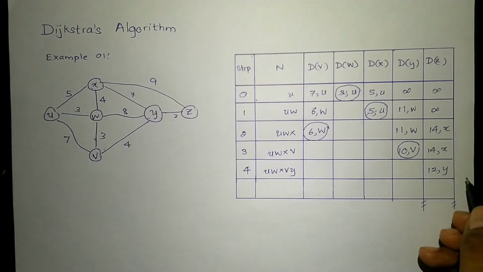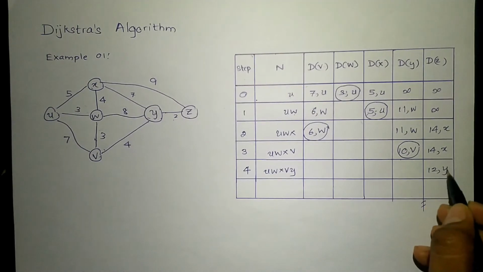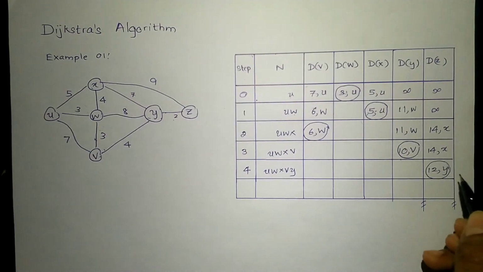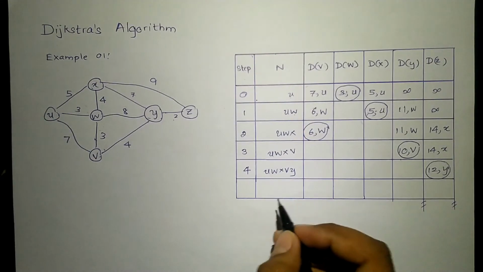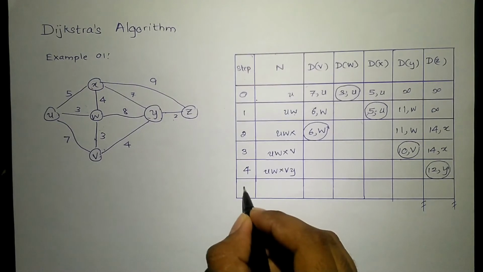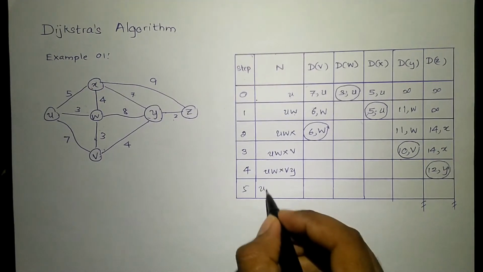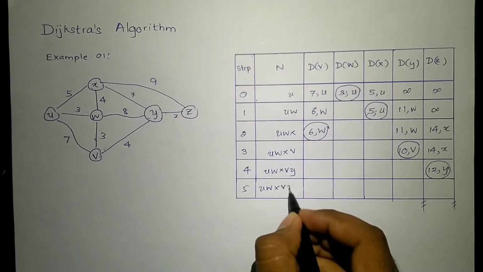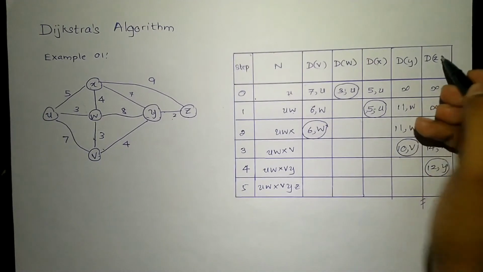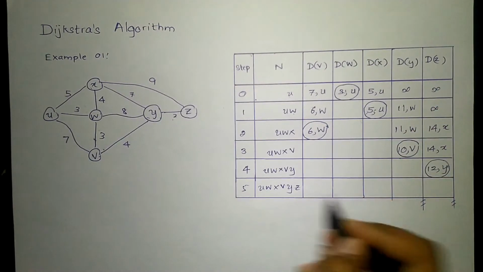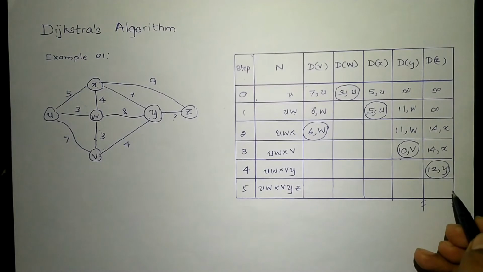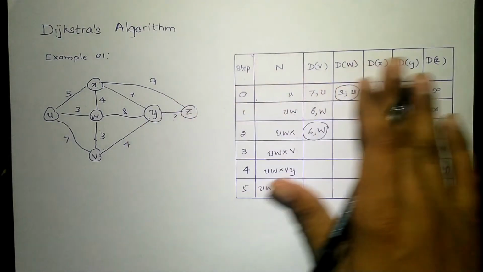From this row there are no other values, so here it's circled, and we go to the path. We write the path as u, w, x, v, y, z. Here z comes to here. Is there anyone left to be filled? No. Now we are completing the table.